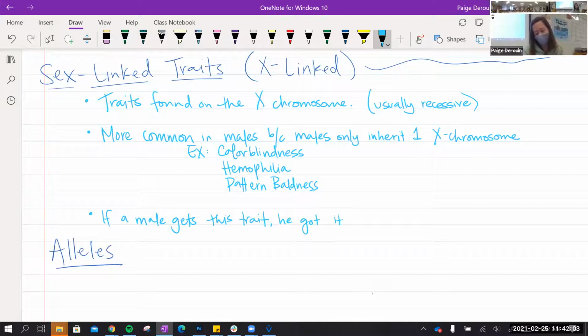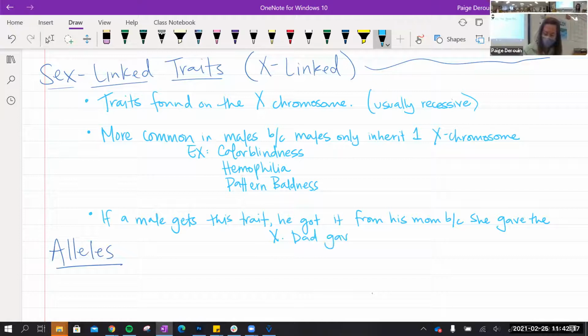He got it from his mom because she gave the X and dad gave what? Y. Yeah, dad gave the Y. For a female to have the trait, she had to get the trait from both of her parents because they both gave an X.